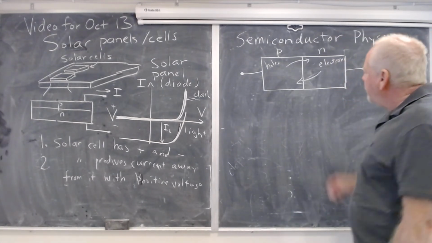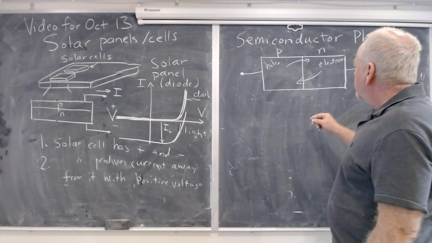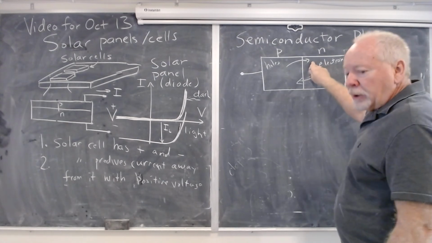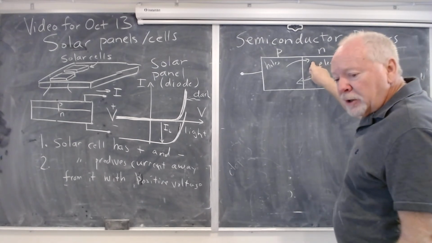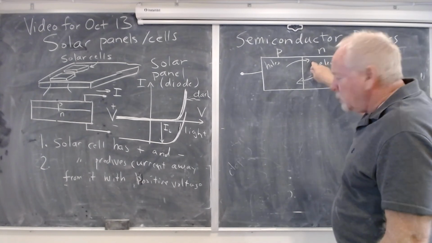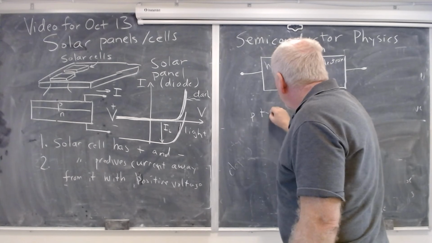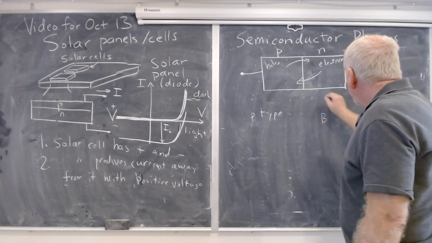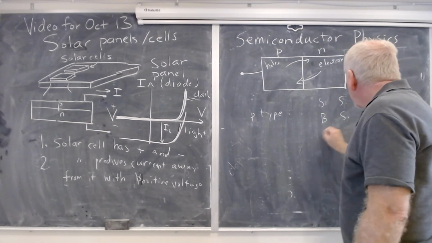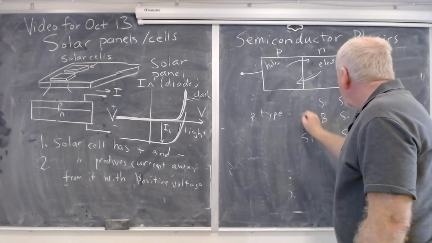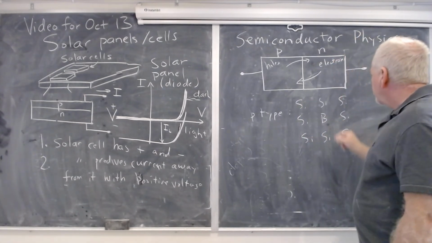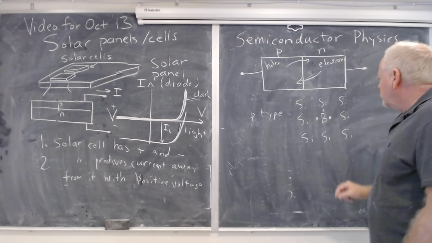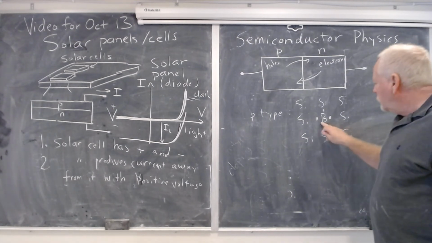Now, to think about what happens next, you have to remember that when a hole goes over there, it leaves behind a negative charge. Let's look at p-type. P-type is our boron. Silicon, silicon, silicon, silicon, silicon, silicon, silicon, silicon, and there's our boron. When it had its 3 electrons, it was neutral.